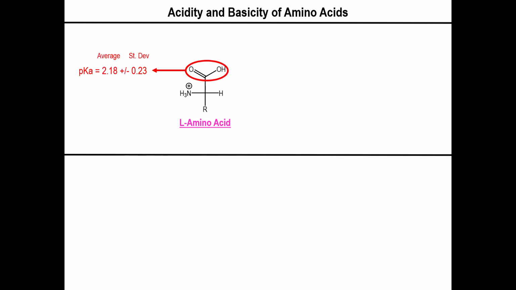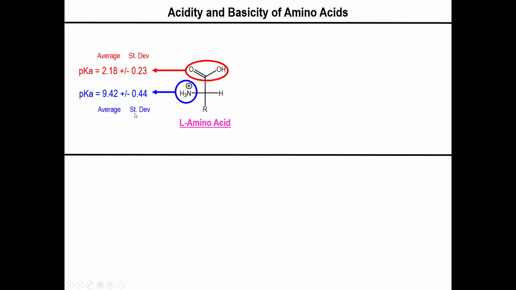In particular, the carboxylic acids have low pKa's. When you take all 20 amino acids and average out all the pKa's of the carboxylic acid unit, it ends up being about 2.18, and the standard deviation of all 20 is plus or minus 0.23.